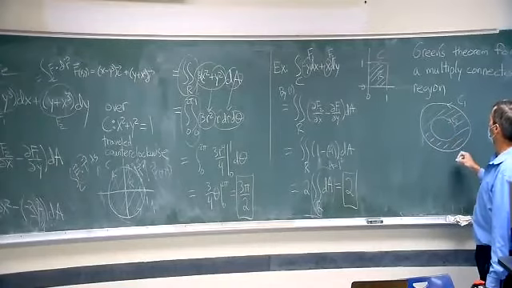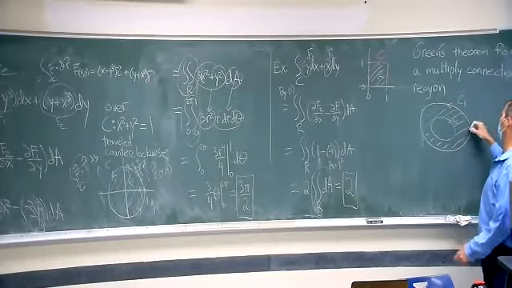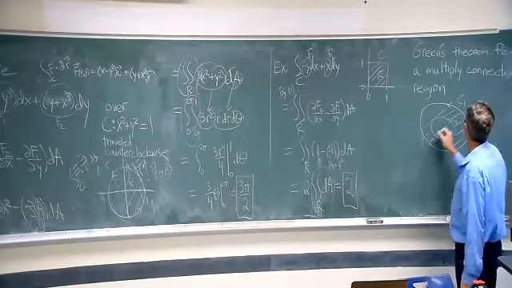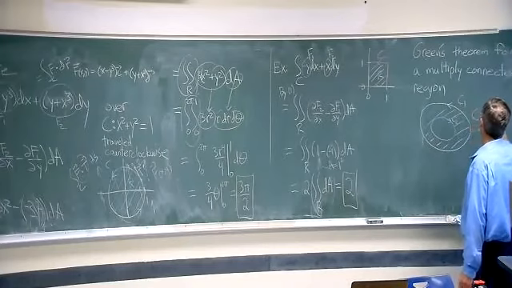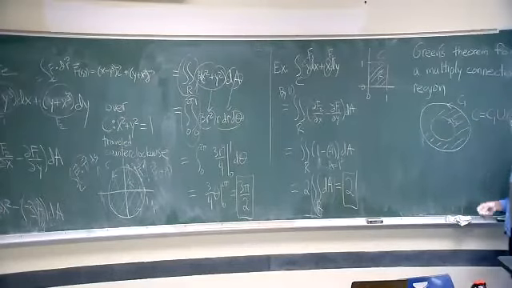And then there's a function f, which gives you a vector field. Let C be the union of these two curves, the outside curve and the inside curve. And suppose my region does have a hole in it, so Green's theorem doesn't apply.